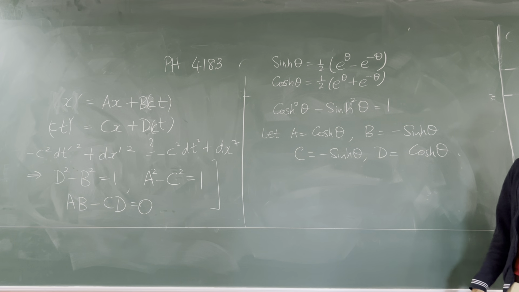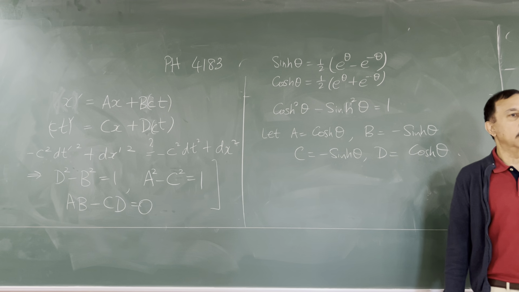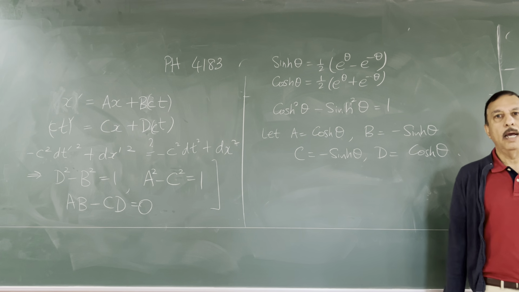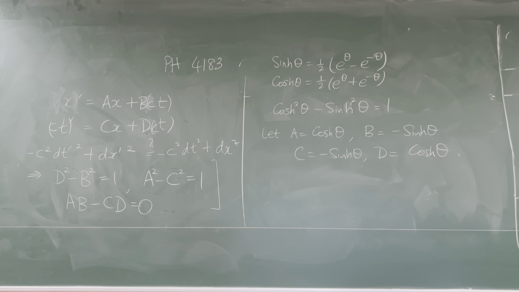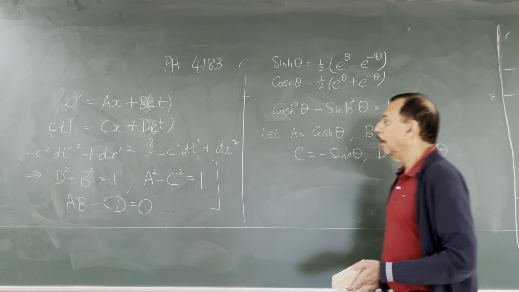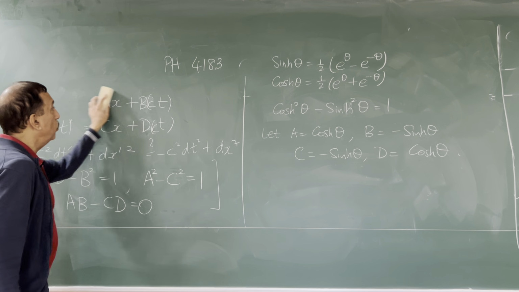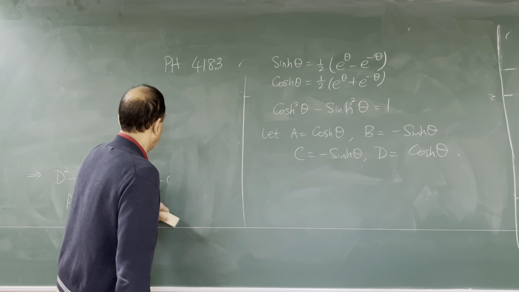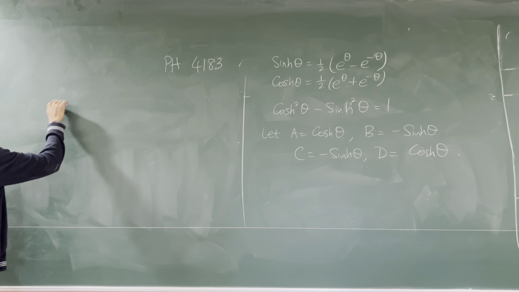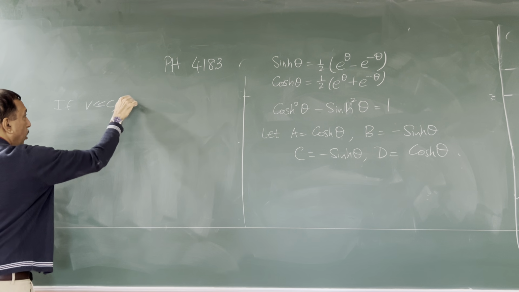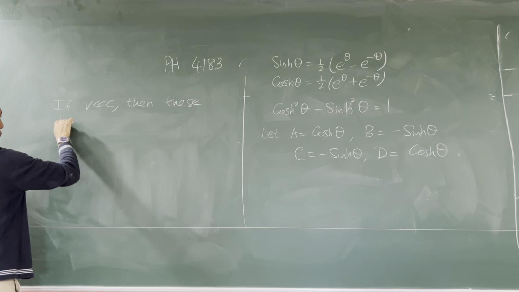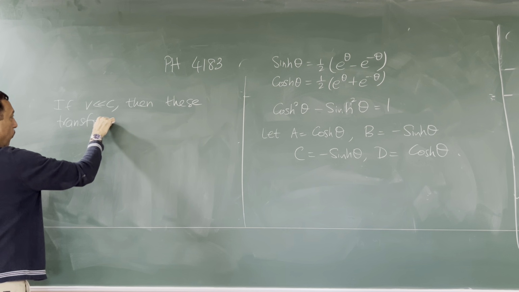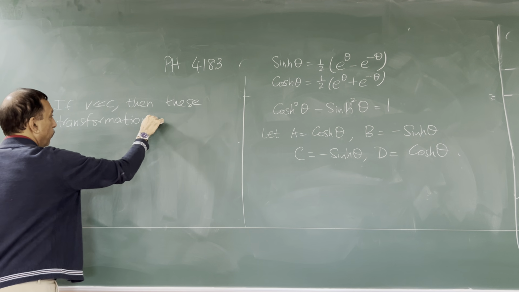Okay, now you may say very nice, but what does this theta have to do with velocity? It's supposed to be related to velocity, and it's not trivial how it's related to velocity. So let's try to understand. For this we start by using a very simple principle, which is that at sufficiently slow speeds, if v is much less than c, then these transformations, which we just wrote down, should reduce to the Galilean one.